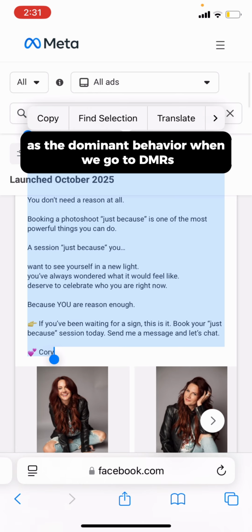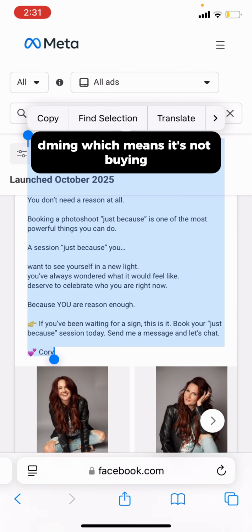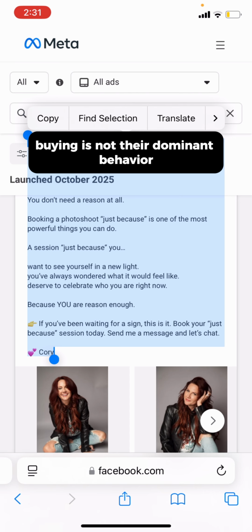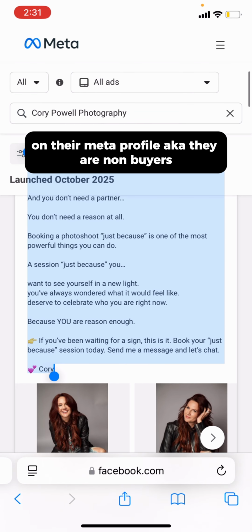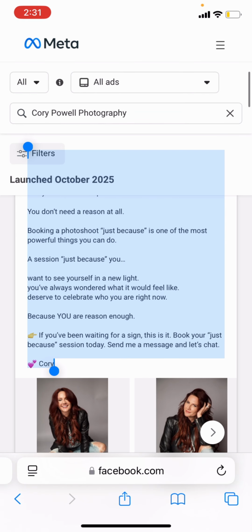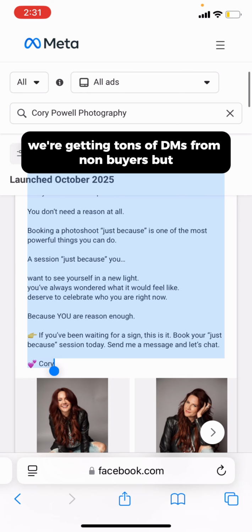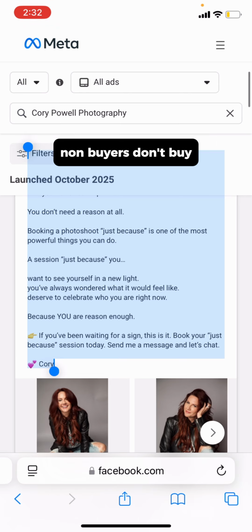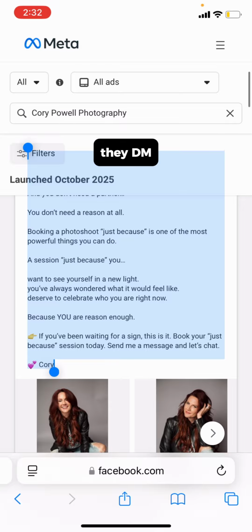When we go to DMers, their dominant behavior is DMing, which means it's not buying. So buying is not their dominant behavior on their Meta profile, aka they are non-buyers. So yeah, we're getting tons of DMs from non-buyers, but non-buyers don't buy. They DM.